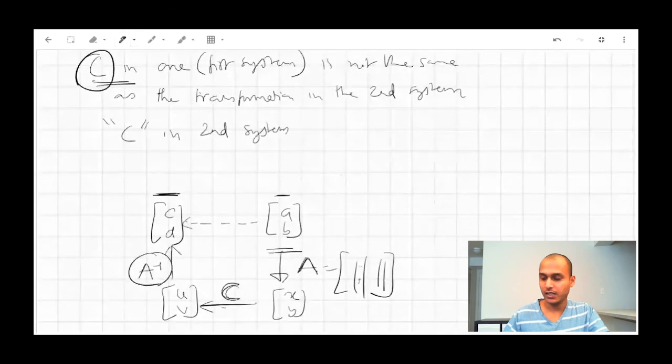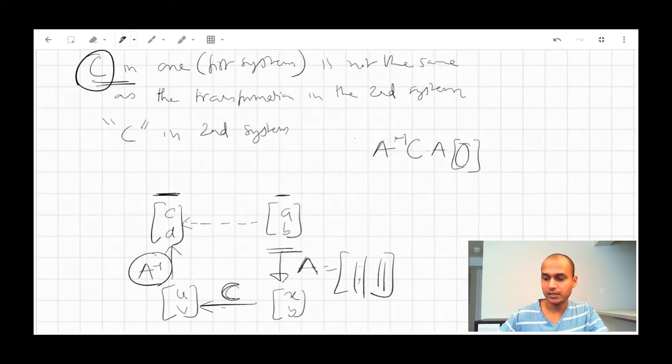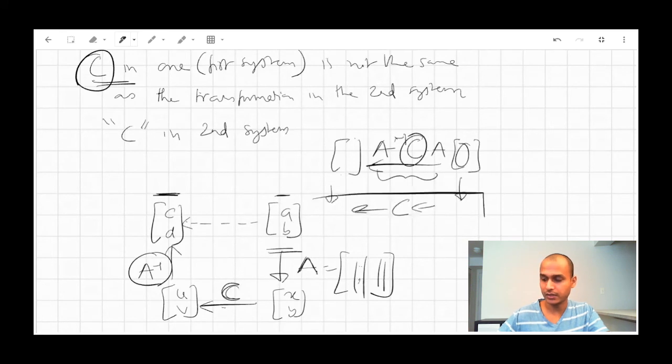If you think in terms of matrix multiplication, this is nothing but A inverse times C times A applied to a representation in the second system. Whatever the representation in the second system is, if you do these operations, you'll get a vector in the second system whose transformation is equivalent to transforming the equivalent representation in the original system with C, right? In the first system, a transformation with respect to C is the same as a transformation with respect to A inverse C A in the second system.